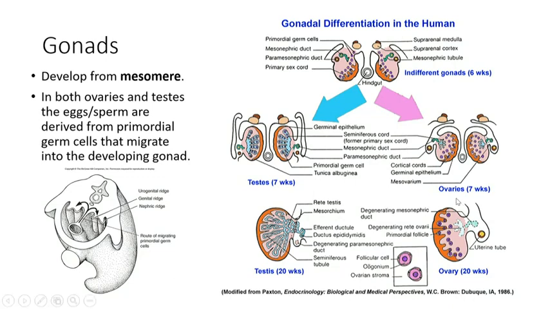All right, but what happens is, because this is an undifferentiated stage up to 6 weeks, we have both. We have both the potential for male and female. In other words, we have all that duct work that we associate with being male, and the vas deferens, for instance, that carry the sperm to the point of ejaculation.